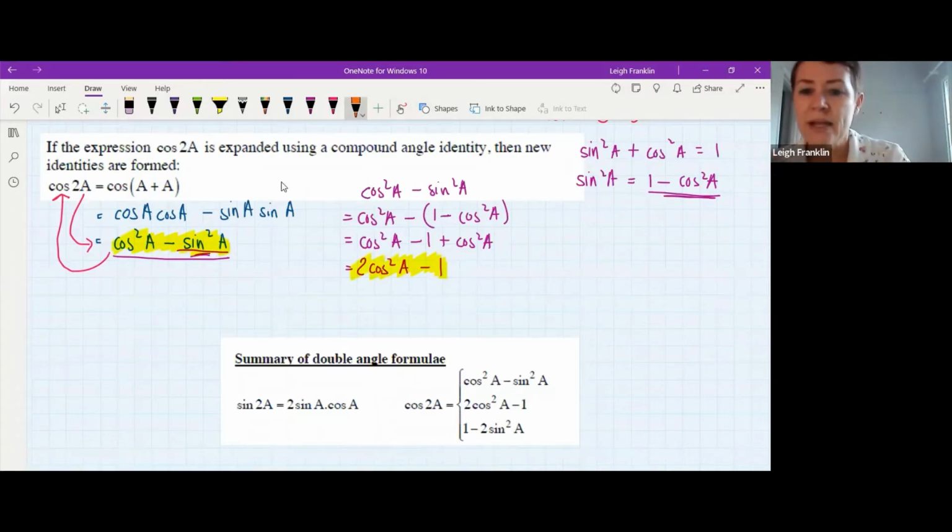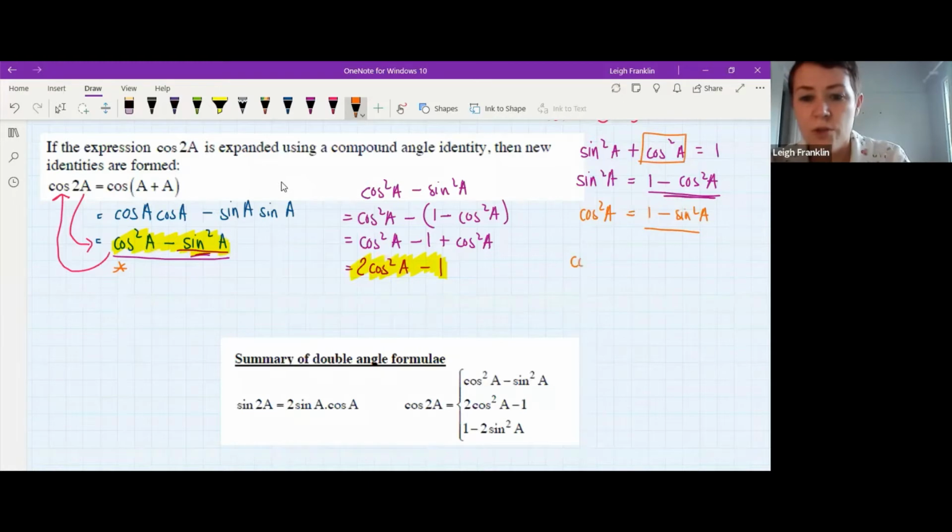So just like we made sine squared A the subject of the formula, we can make cos squared A the subject of the formula. In other words, I'm making this the subject of the formula, and that would be equal to 1 minus sine squared A. So again, I'm going to take this and sub it in here.